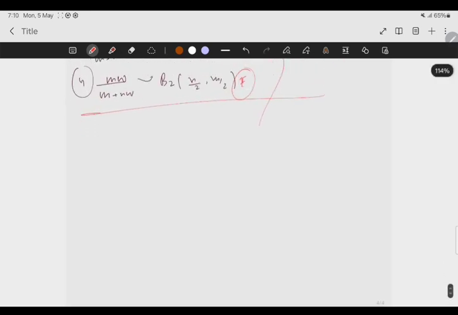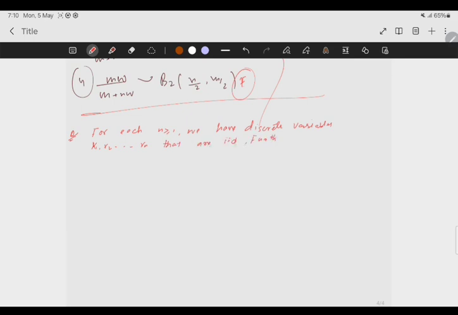Now see another question, that is, for each n greater or equal to 1, we have discrete variables x1, x2 up to xn that are IID.